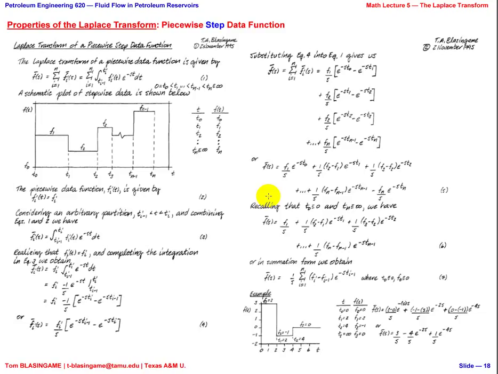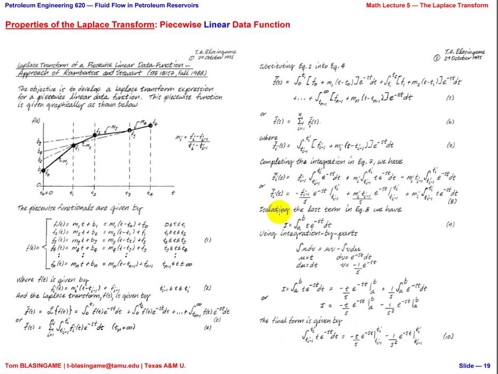So what you do is basically assume that for each one of these points you have a straight line, and you set a set of functions based on the straight line equation, and then you apply the Laplace transform to this set.